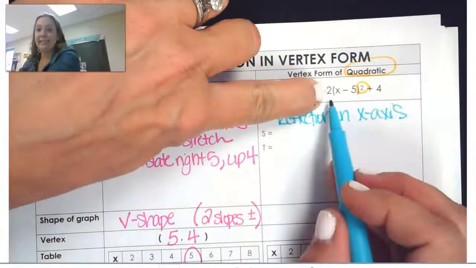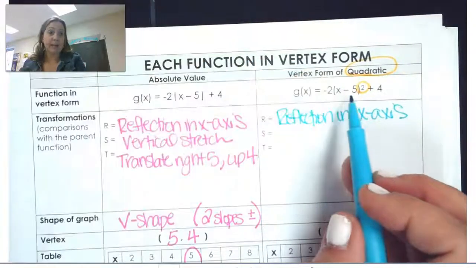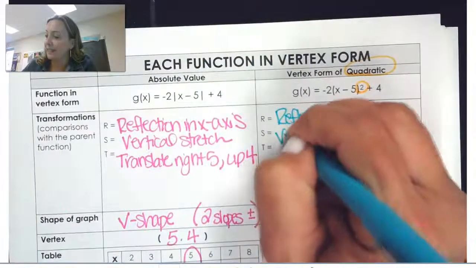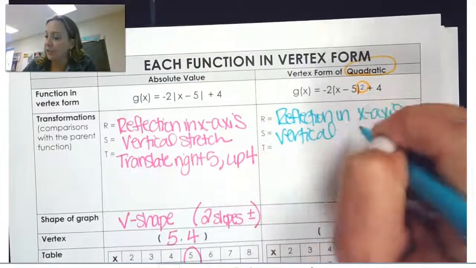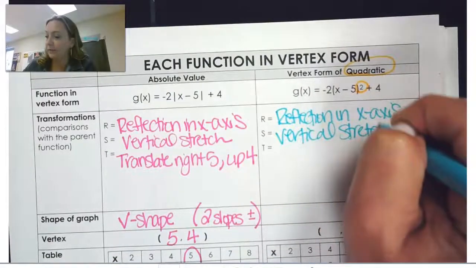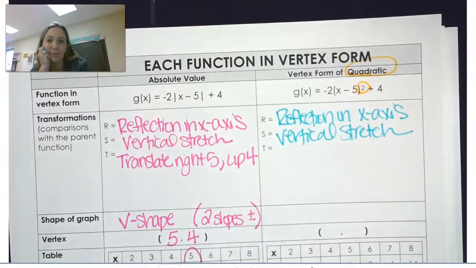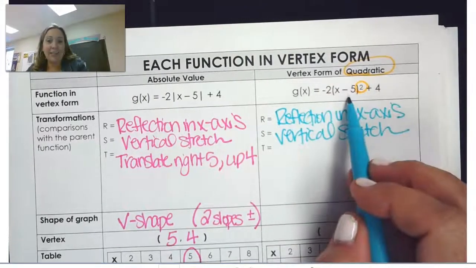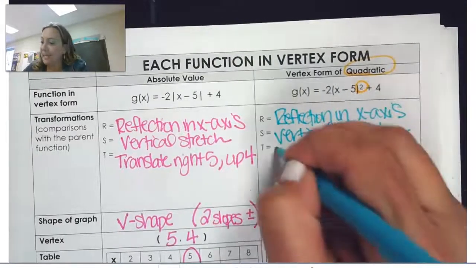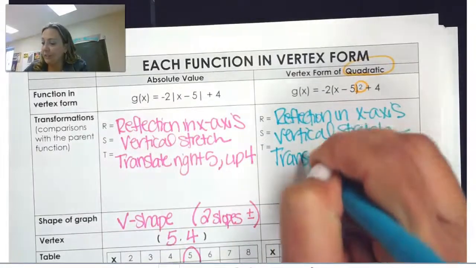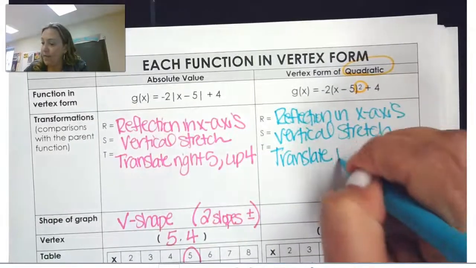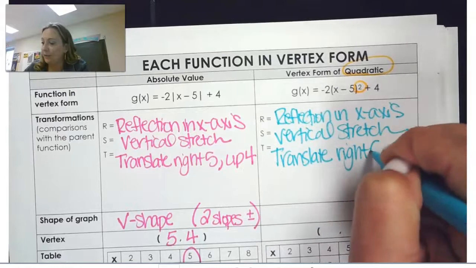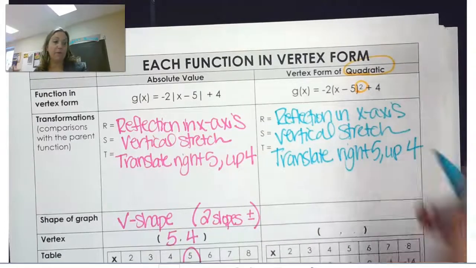Ignoring the sign and seeing a 2 as a multiplier tells us that that's going to be a vertical stretch. Looking at that H and K tells me that my vertex will be at 5, 4, and so I translate right 5 and up 4.